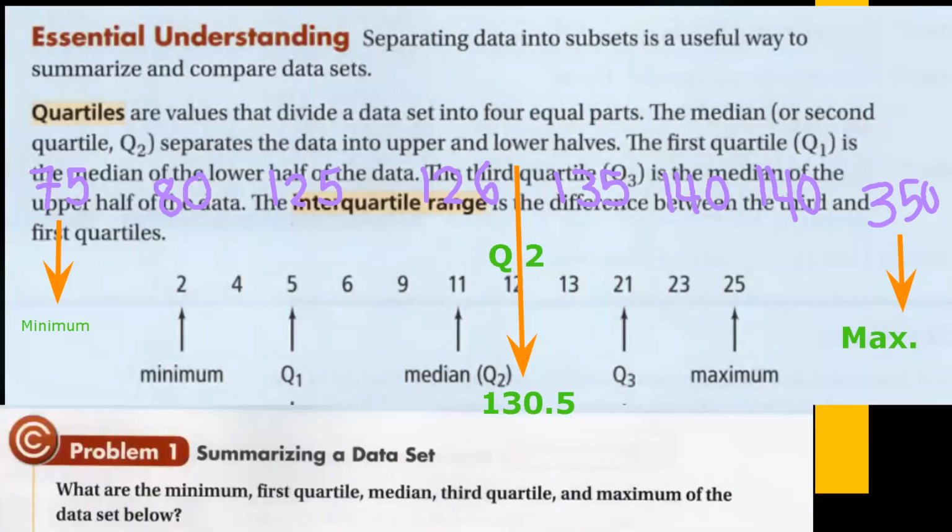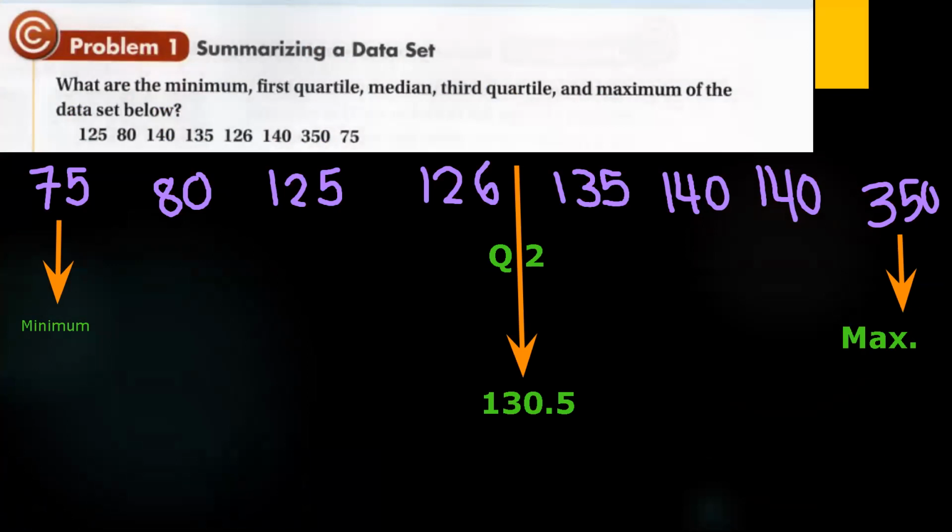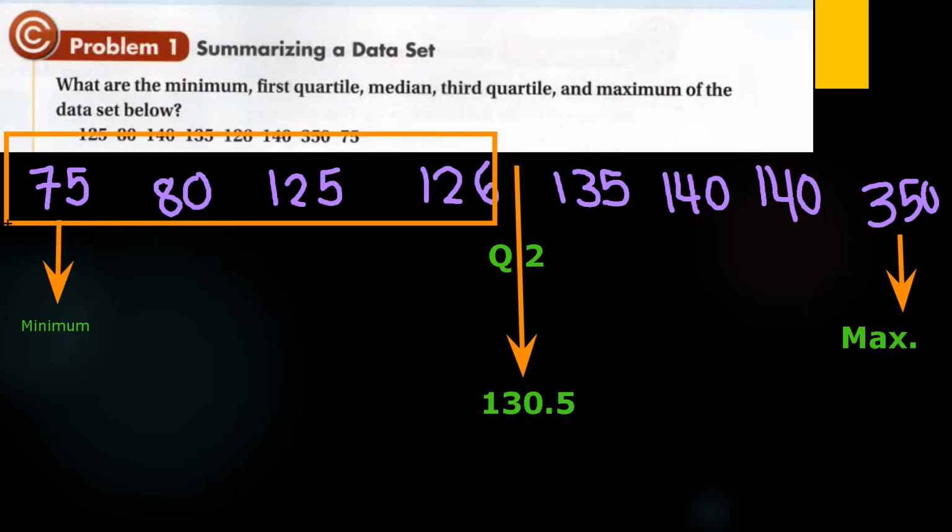But here the median 130.5 is not one of the data values. So when I want to find Q1, don't say, no teacher, 126 is not included. I cannot cancel it because it's not the median. If it were a median, I would cancel it, but here it's not, so I will not cancel it. I will keep it when I find Q1.